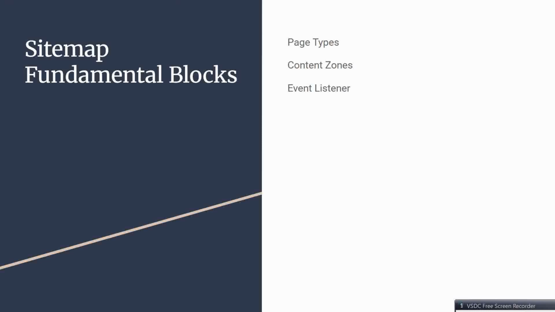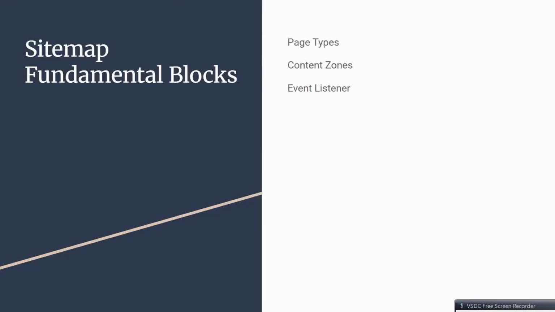If a particular client, let's say Nike, has a registration form on a particular page, they will have listeners for that form. If they have a product catalog, in order to capture that product catalog, we will need to define the content zones.